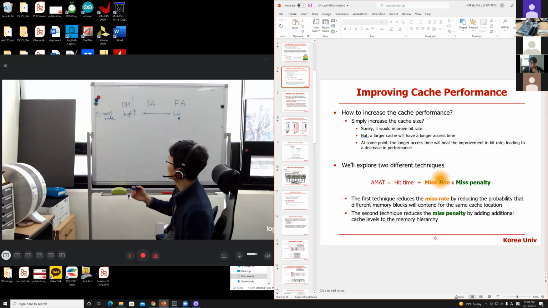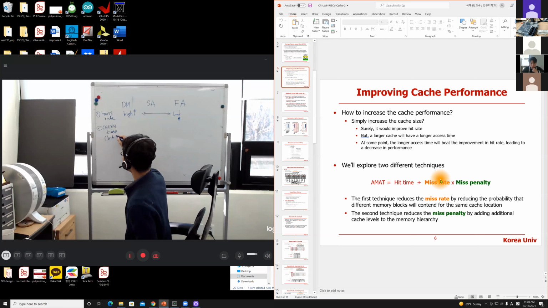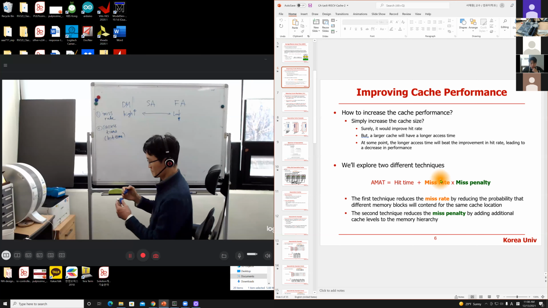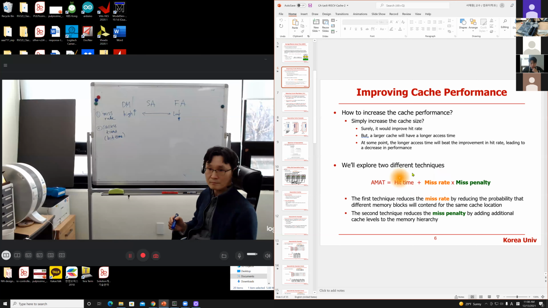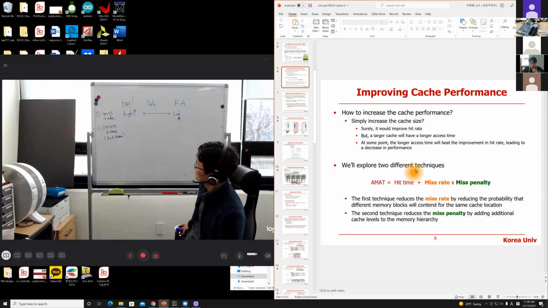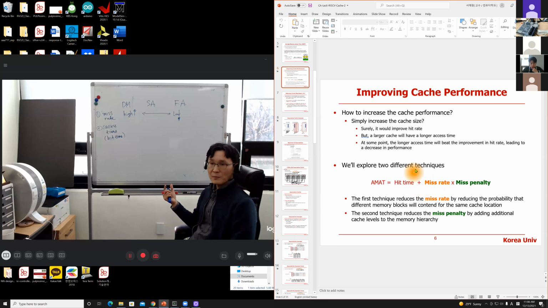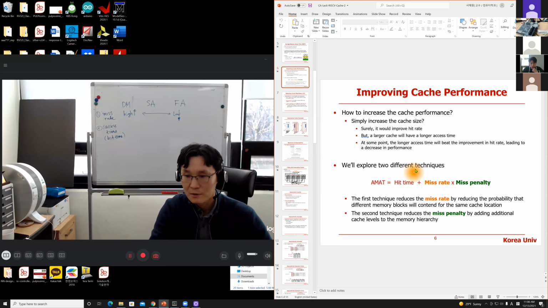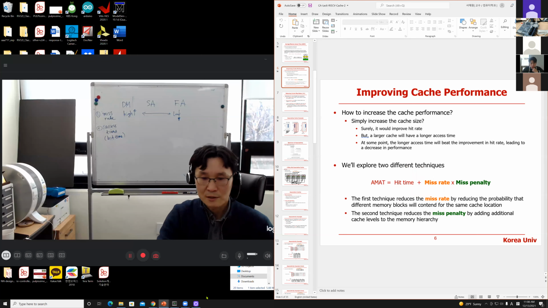Access time, or hit time, right? Direct map cache is very simple, right? So if you take a look at this one, in a direct map cache you select one particular set. There's only one cache entry.